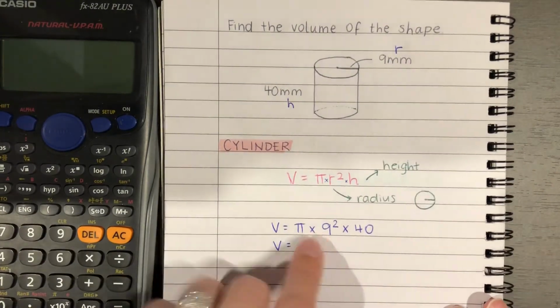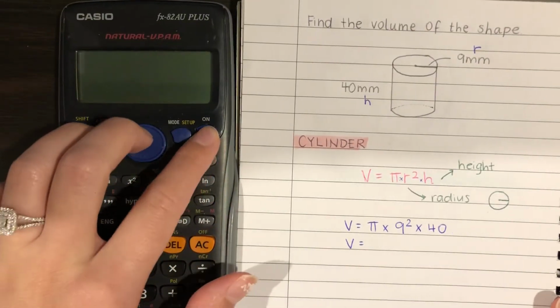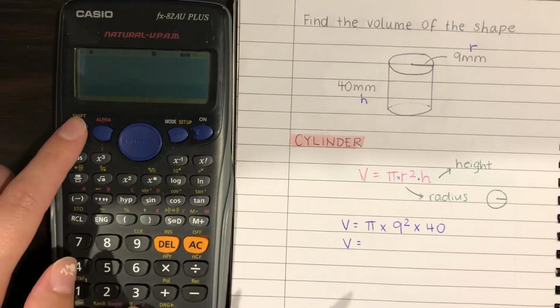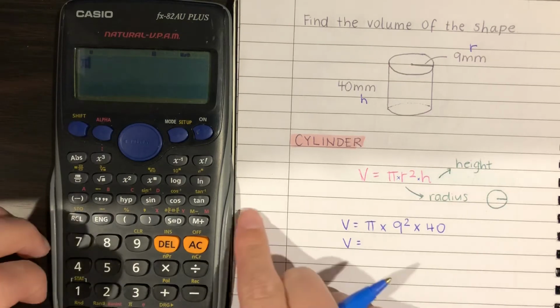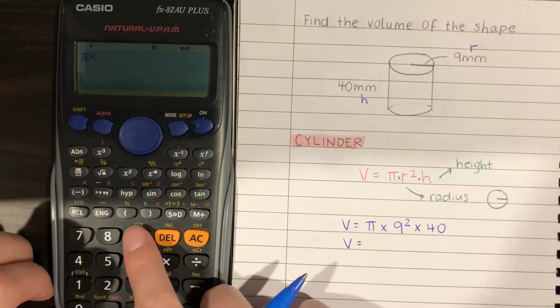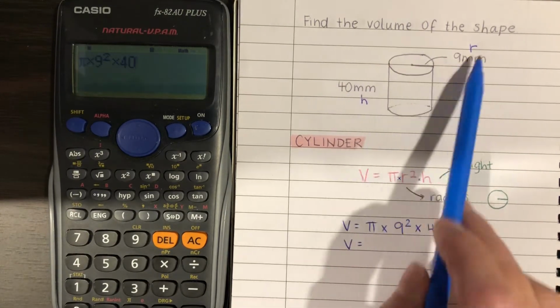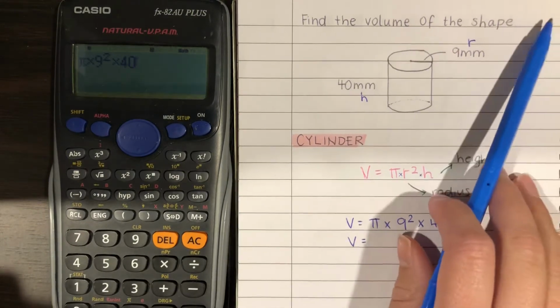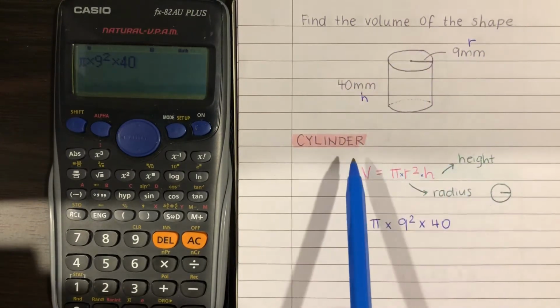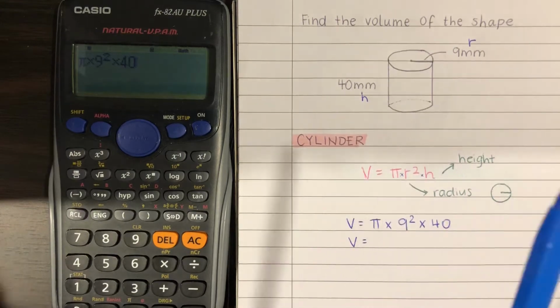Now you put this in your calculator exactly as you see it. So we do the pi button times 9 squared times 40. What we're given as the height and the radius are in the same units, so we don't need to convert anything.